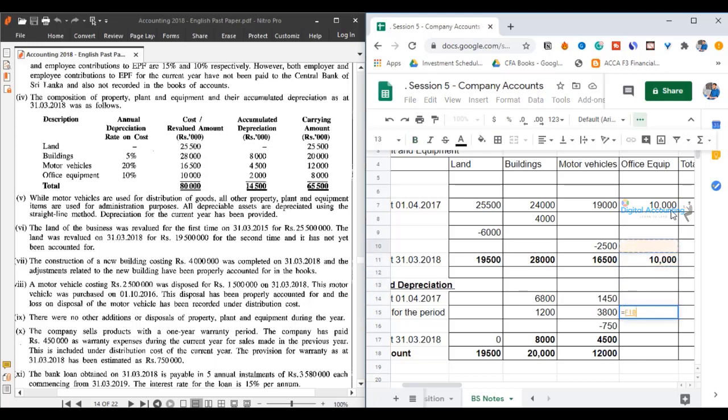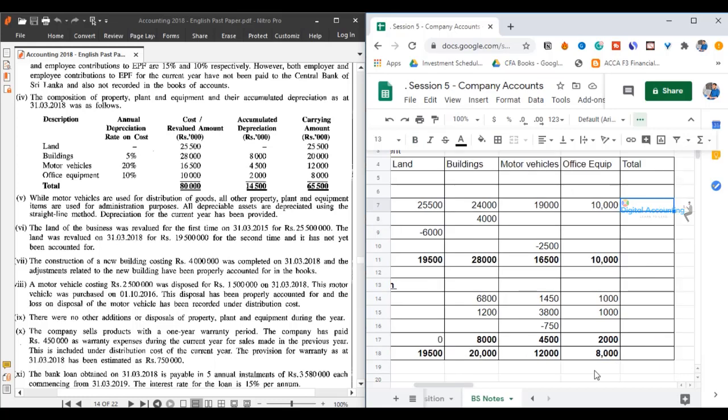And also the charge for the period on the opening balance, because there are no additions or disposals, office equipment is charged 10%, that is 1,000. And we know the closing balance of accumulated depreciation of office equipment is 2,000. So the opening balance of accumulated depreciation should be 1,000. And from this 10,000 cost, remove 2,000, that is 8,000. So the 8,000 tallies with office equipment here.